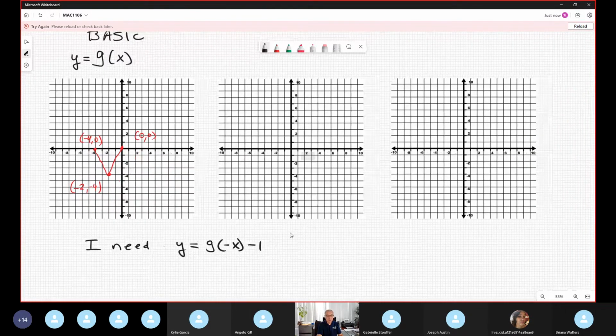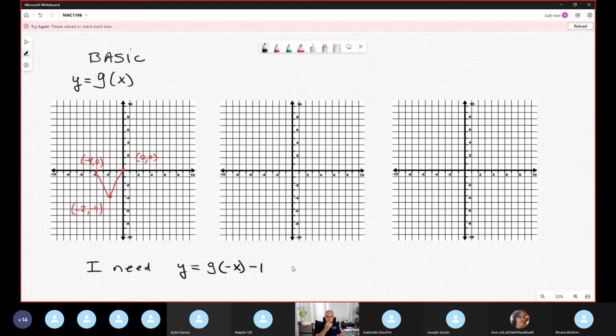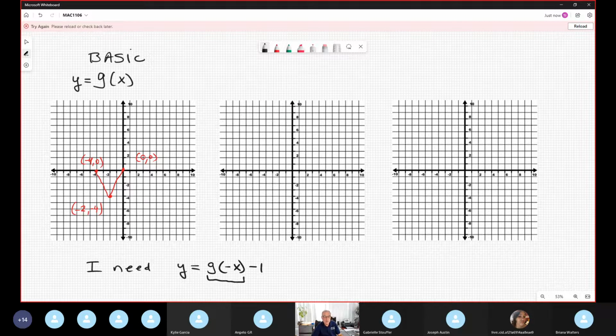So now you are doing transformation step by step. That is the reason I put 3 rectangular coordinate system graphics. According to the order of operations, we do this part first: the graph of y = g(-x).